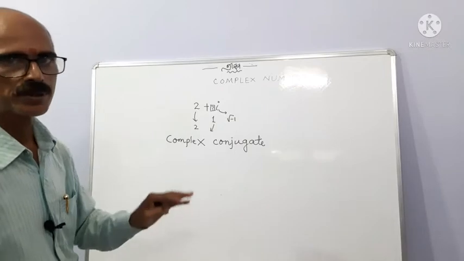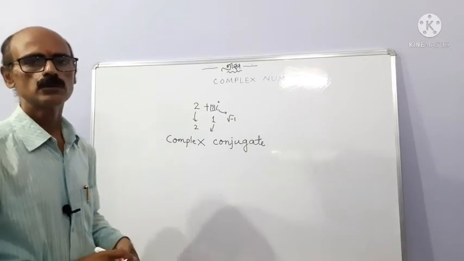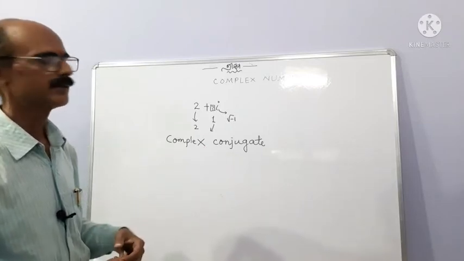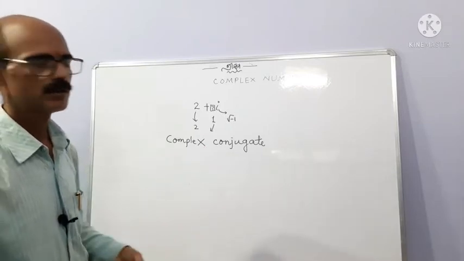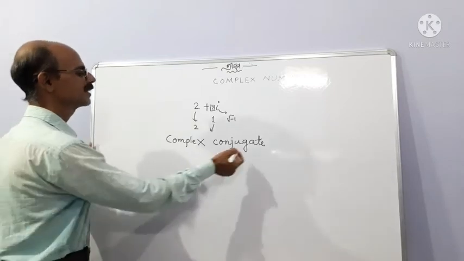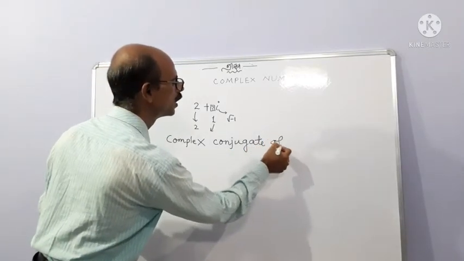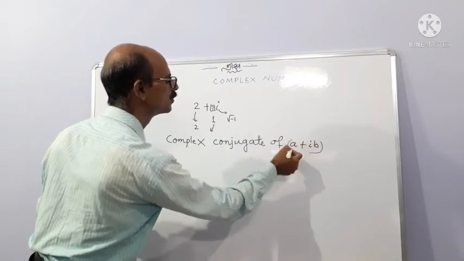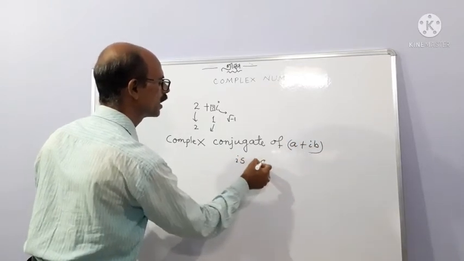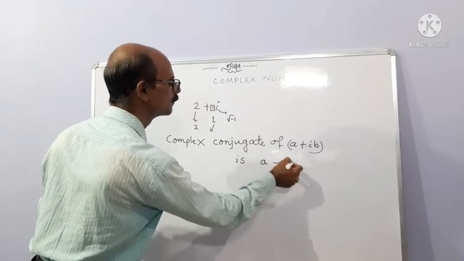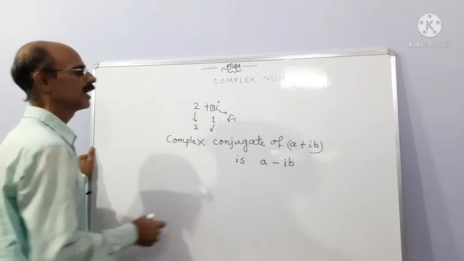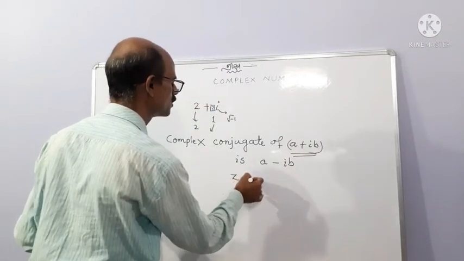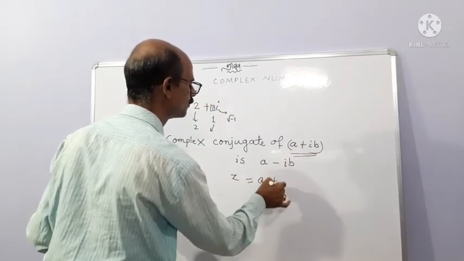Just a brief review of those topics of complex numbers, complex analysis, which we have read in +2 level. The complex conjugate of a plus ib is a minus ib. Generally, this a plus ib is denoted by the letter z.